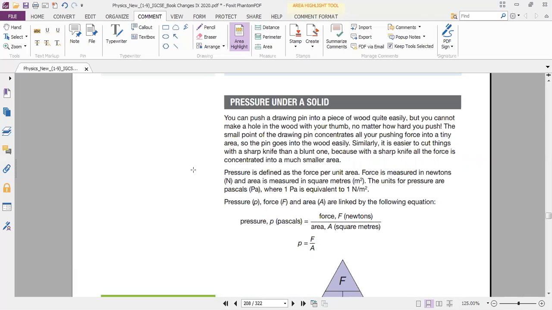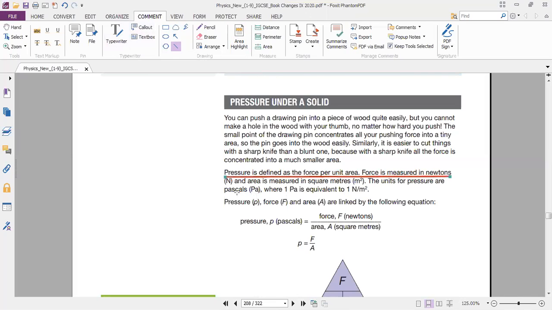If force is 1 Newton and the area of the object is 1 square meter, then pressure would be 1 Pascal. It is also called 1 Newton per square meter. So we can underline: pressure is defined as force per unit area.